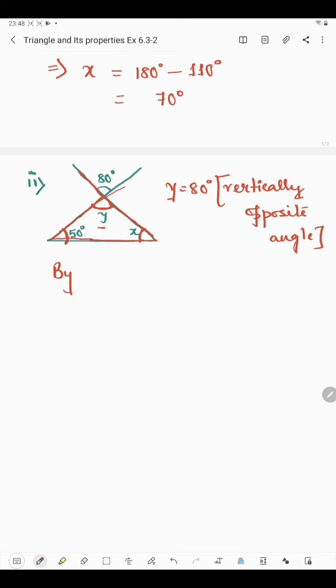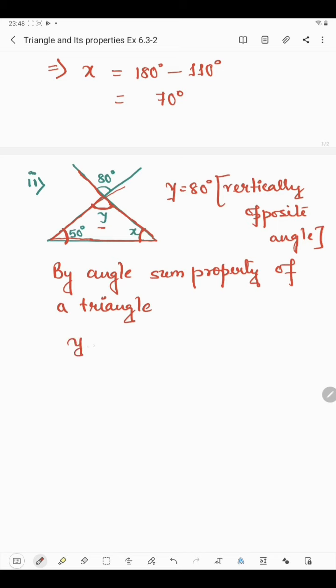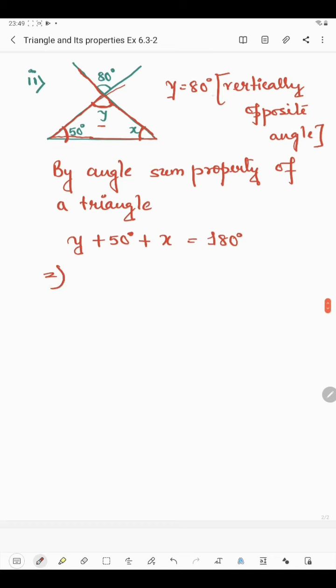So we'll write, by angle sum property of a triangle, y plus 50 degree plus x is equal to 180 degree. So here we have got the value of y, which is 80 degree. So in place of y we will put 80 degree plus 50 degree, and x we don't know, so it will remain the same, is equal to 180 degree.